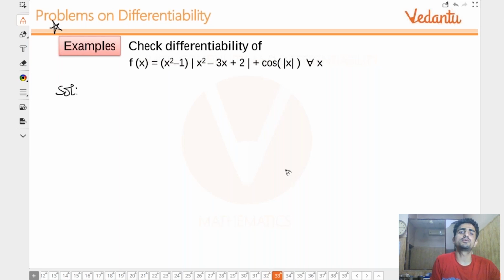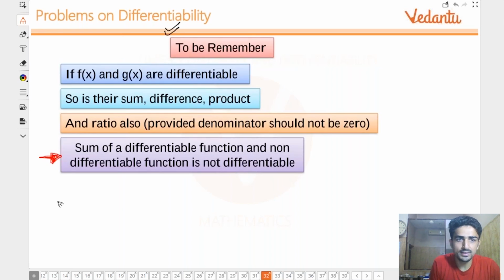Check differentiability of this, and we are not told at which point I need to check. I need to see that myself. Okay, those are the points where I need to check. Obviously, I am assuming you know that. Let me still write it.